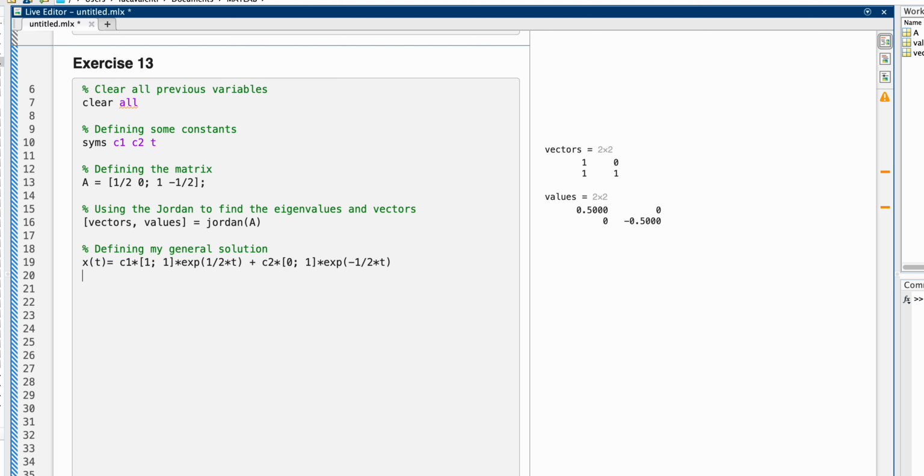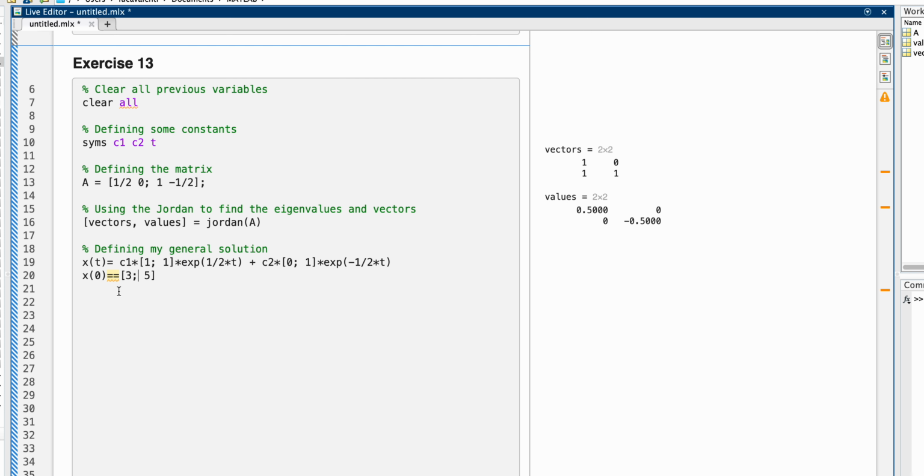Well, one way I could do that is I could say x of 0, that's going to evaluate this, has to be equal to the vector that they gave me, 3 and 5.